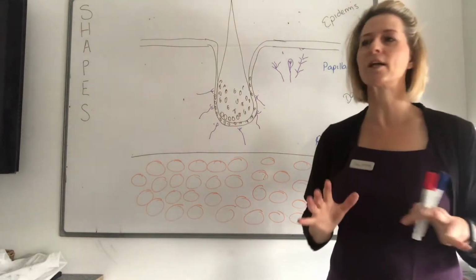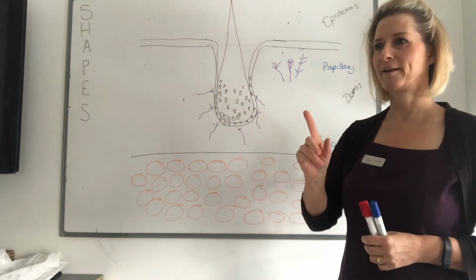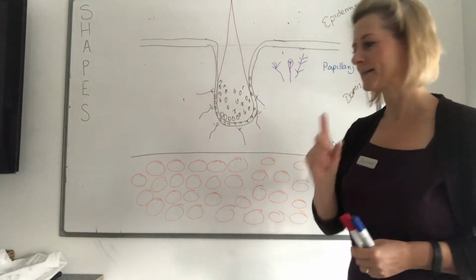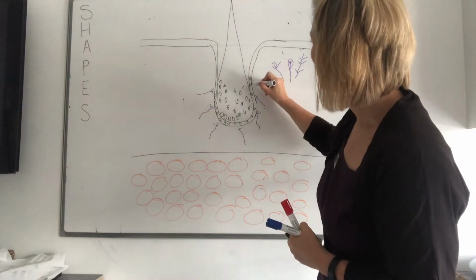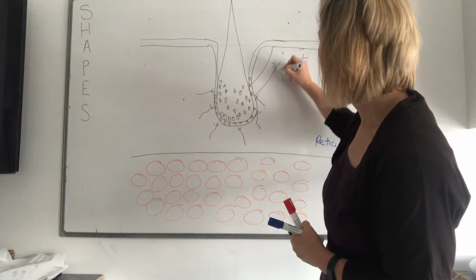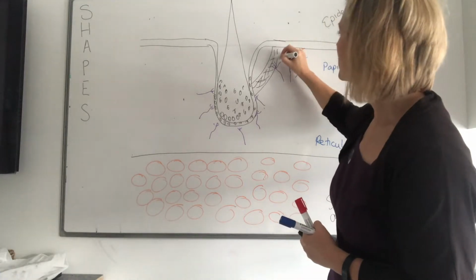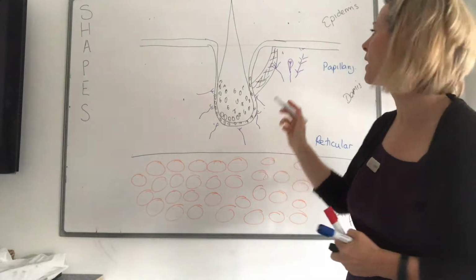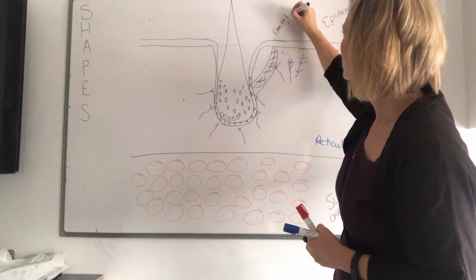How does that actually happen? What's the mechanism? Erector muscle contracts and makes the hair stand. So on the side here, I'm going to draw it on here. We have a little muscle, and that muscle is called the erector pili muscle.